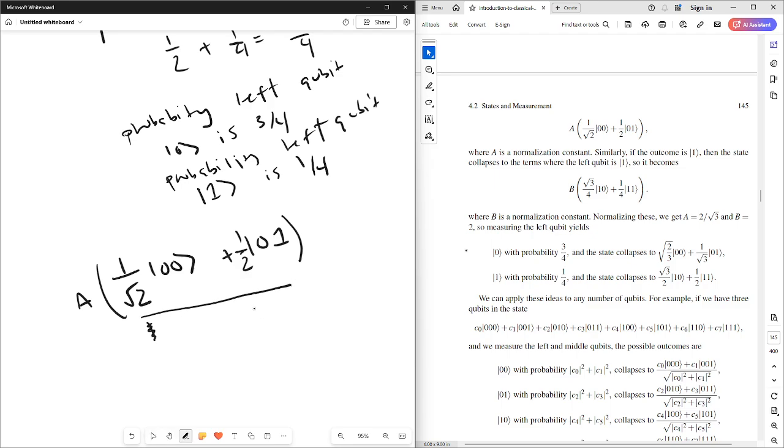Once we find our normalization constant, A is equivalent to 2 over square root of 3, so we get square root of 2 over 3, 0, 0, plus 1 over square root of 3, 0, 1.